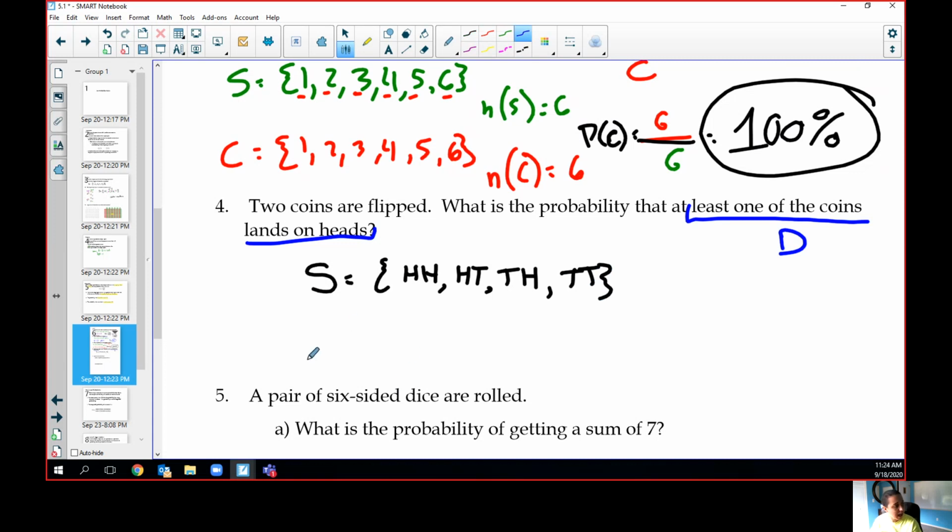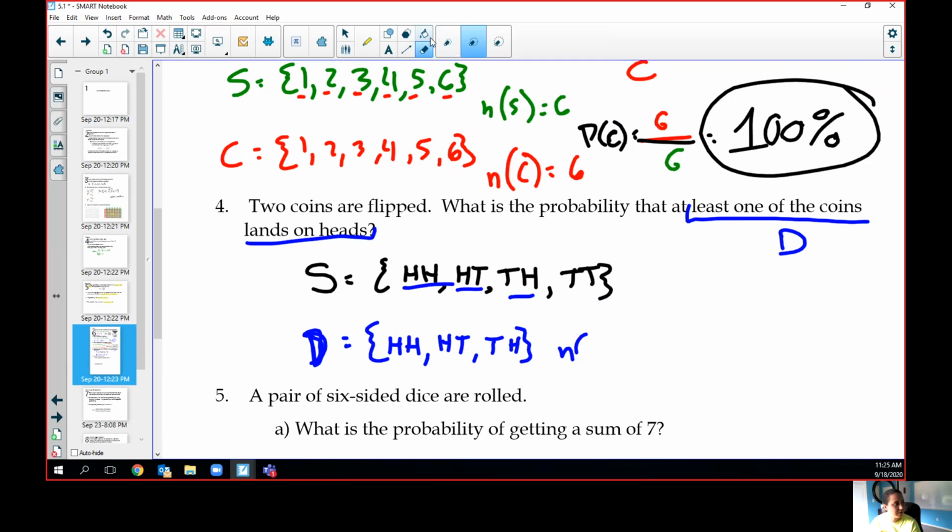Well, then if I want at least one heads, here's at least one. This one has at least one heads, and so does this one. So it looks like I have 3 outcomes in my sample space that fit that rule, or have at least one heads.